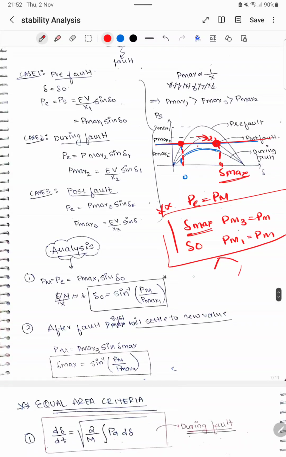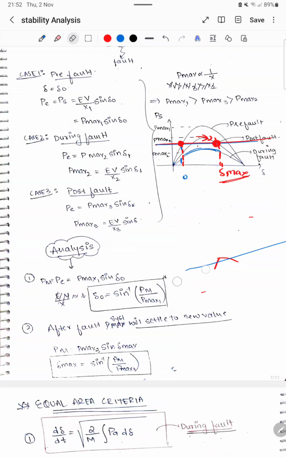Depending upon the case, delta max will be either pi minus delta 1 or pi minus delta 0. That will be case dependent; we will get to know that soon. But what I am trying to tell is that PE equals PM in two cases. After clearing the fault, before it settles down, Pmax3 sine delta at some point or other should become equal to PM, and Pmax1 sine delta should also become equal to PM initially before the fault. So these are two things to be taken care of.